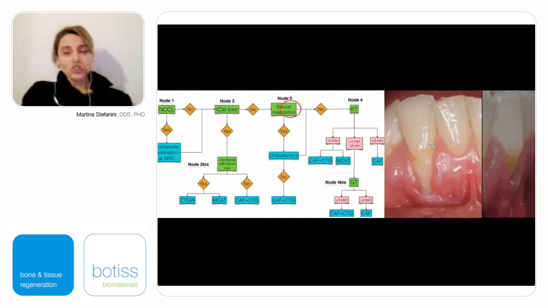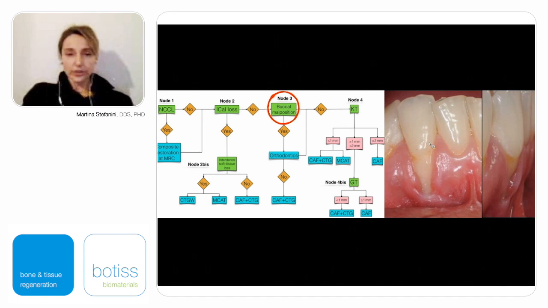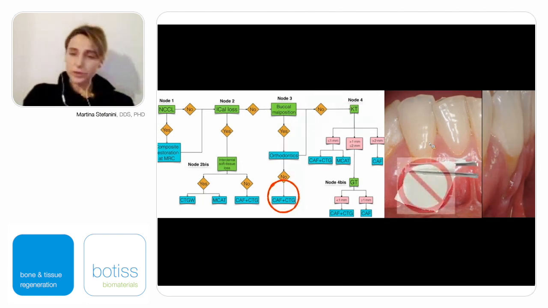And I will just come back for a second to the buccal malposition. This is the only real contraindication for the use of the matrix, when you have such a buccal malposition of a lower incisor.